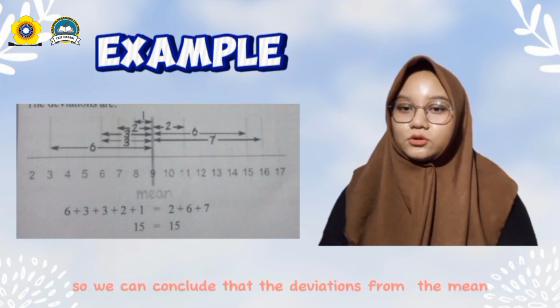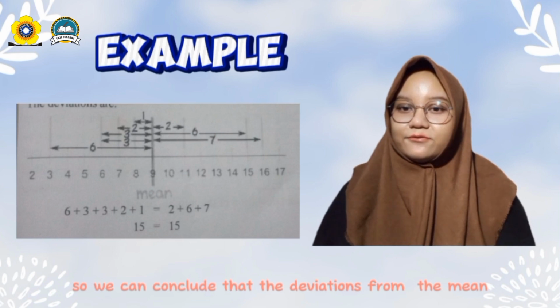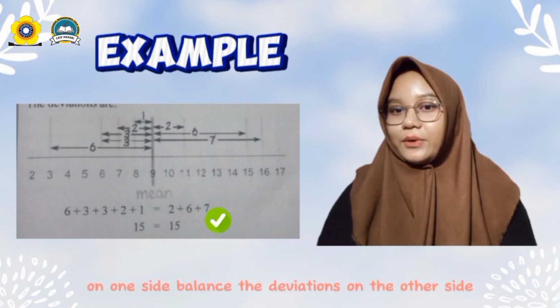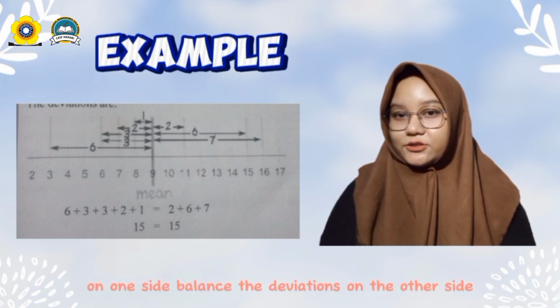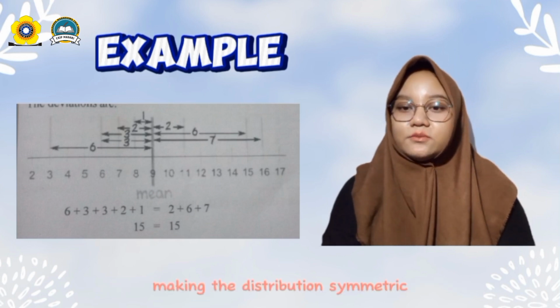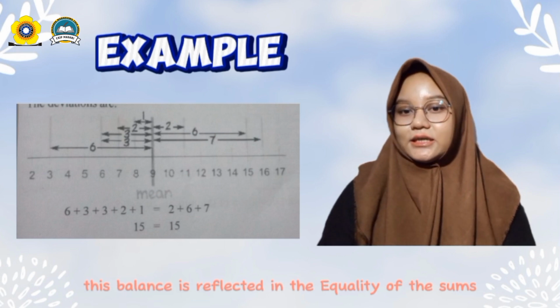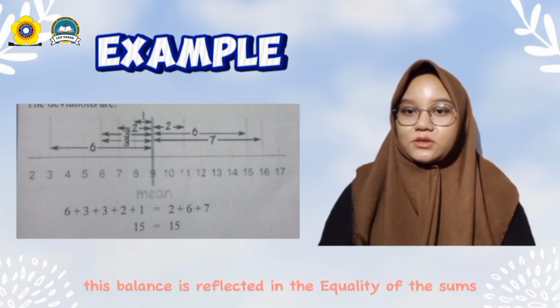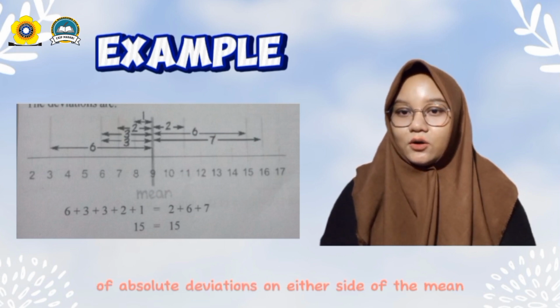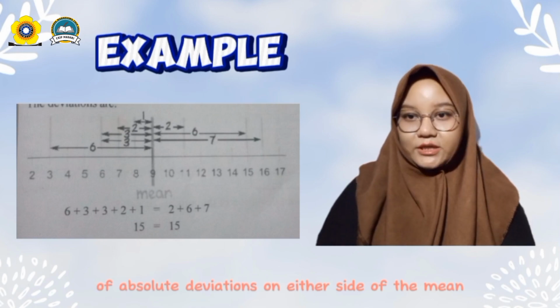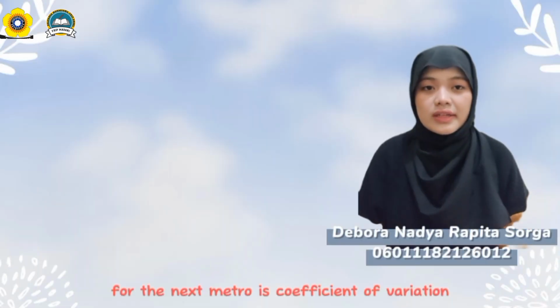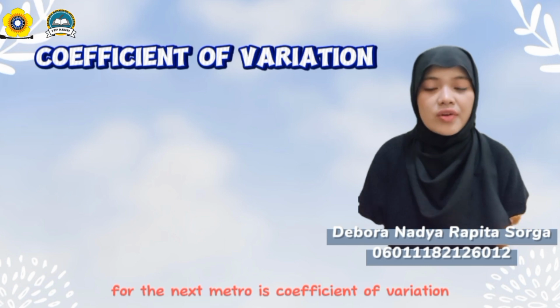So we can conclude that the deviations from the mean on one side balance the deviations on the other side, making the distribution symmetric. This balance is reflected in the equality of the sums of absolute deviations on either side of the mean.